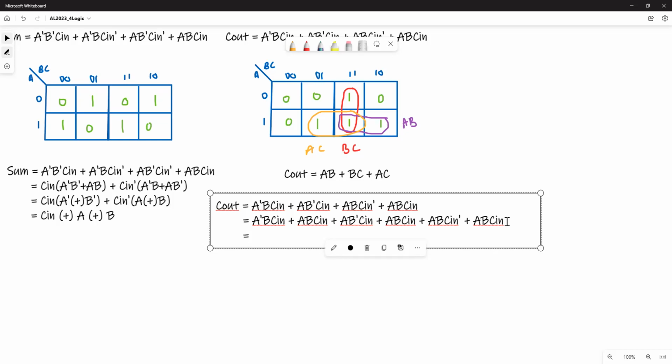So the first one, we will have BC in, then within the brackets, we will get A bar plus A. Then for the next two terms, we have A C in, and we will get B bar plus B, then plus we have AB, and within that we have C in dash plus C in.